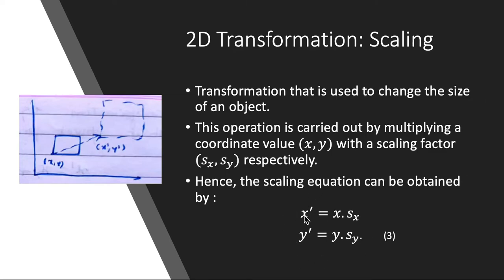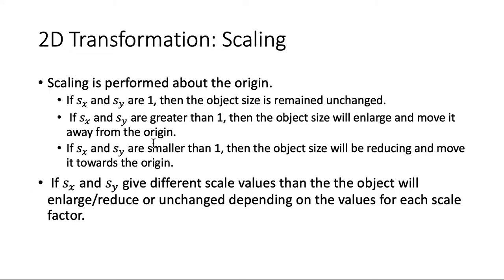We want to find our new x position, so we multiply the x with the scaling factor. Same goes to our new y position. Scaling is performed about the origin. If the scaling factors for x and y are 1, then the object size remains unchanged.